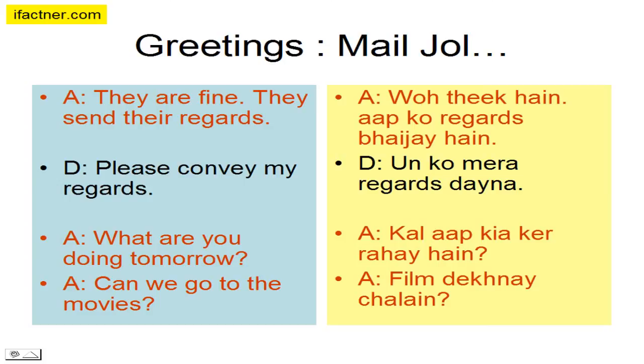So वो is used for he, she and them or they. वो ठीक हैं, आपको regards भेजे हैं, भेजे means sends. आपको regards भेजे हैं.